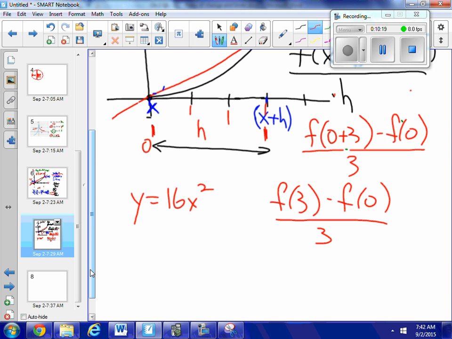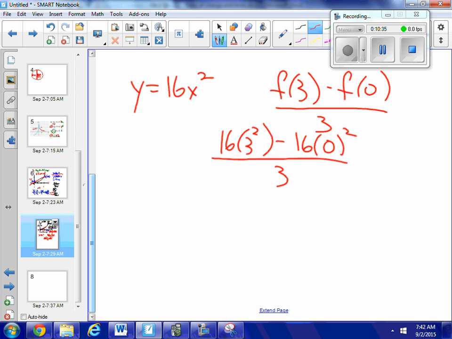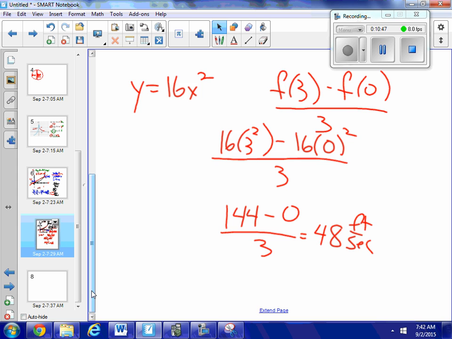And what I get is f of 3 would be 16 times 3 squared minus 16 times 0 squared divided by 3, which is just what we expected, 144 minus 0 divided by 3. It's the same 48 feet per second that we got when we were using x2s and x1s.